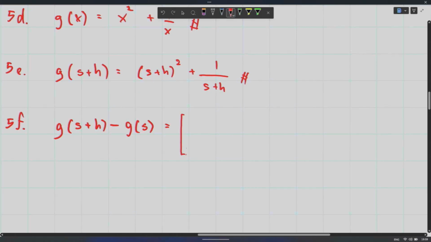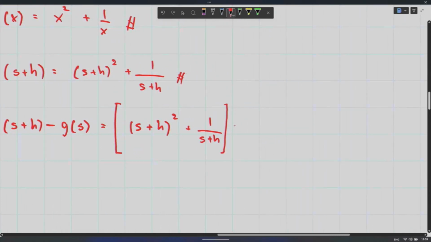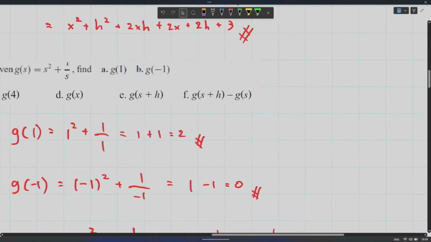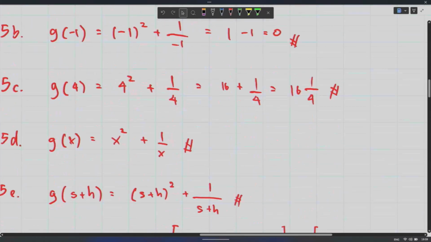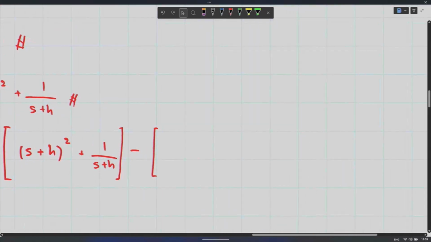So we can put another bracket there: s plus h squared plus 1 over s plus h. That's one group. Another one is g of s, which is the original function, s squared plus 1 over s.